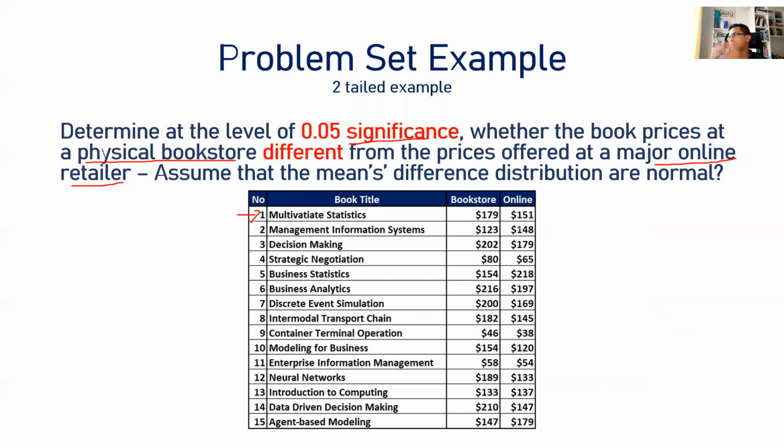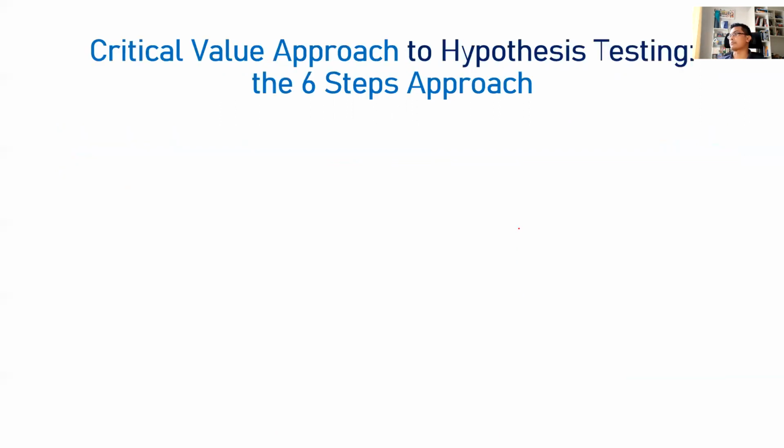In order to determine whether the mean average of prices is different or not in this related populations context, we also apply the same procedure, which is the critical value approach to hypothesis testing, the 6 steps approach.